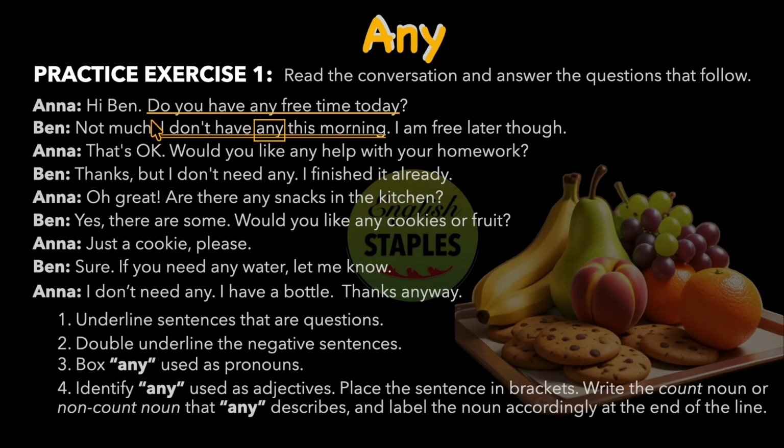Place the sentence in brackets. So we need a bracket here and a bracket here. Bracket, same thing as parentheses, right? Okay, here. Then write the count noun or non-count noun that any describes. So any is describing free time. So it's going to be what? That's exactly right. And label the noun accordingly.